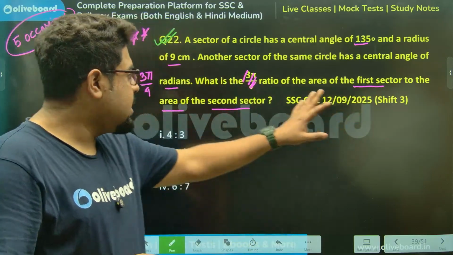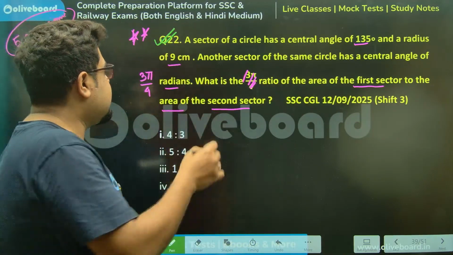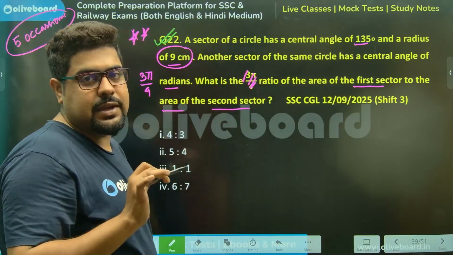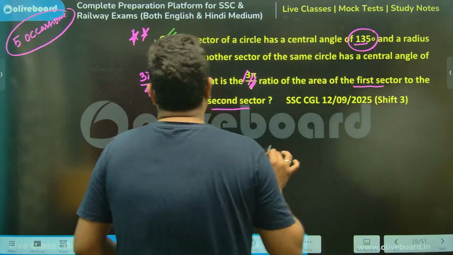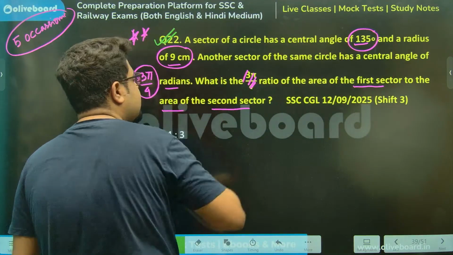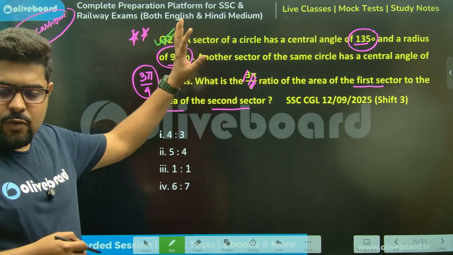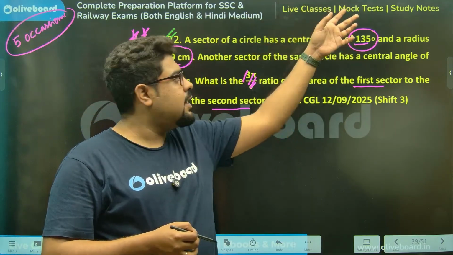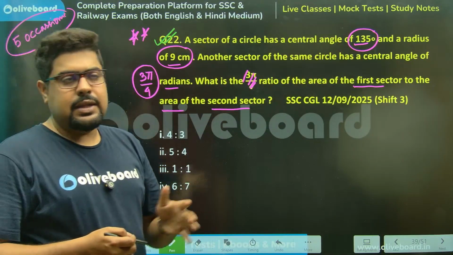Again, everyone, is it clear? The radius is common because they are talking about the same circle, but one angle is given in degrees and the other in radians. First of all, you can figure out this area separately and this area separately, and then take the ratio.